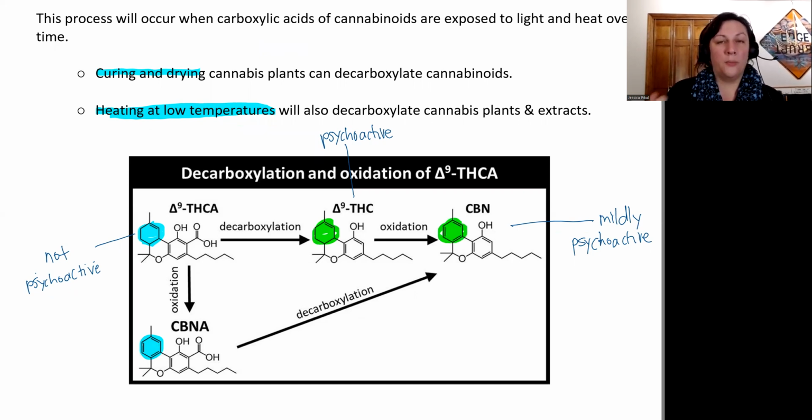We're forming double bonds and losing some of our hydrogens. That oxidation process is the loss of hydrogens. So you can see we form a double bond here, and then we also form a double bond here, and are losing essentially 4 hydrogens from the molecule through that oxidation process.